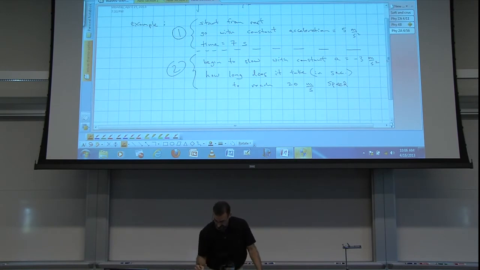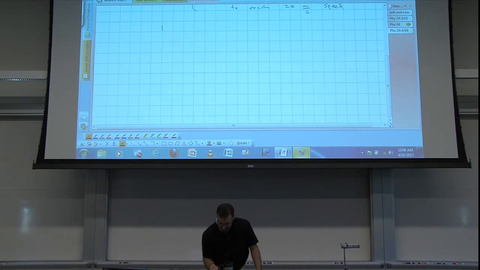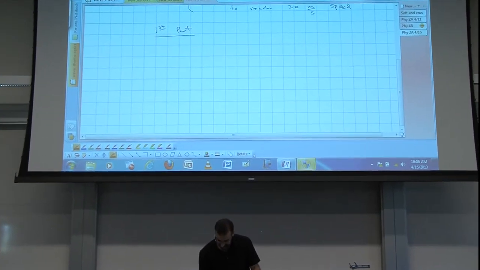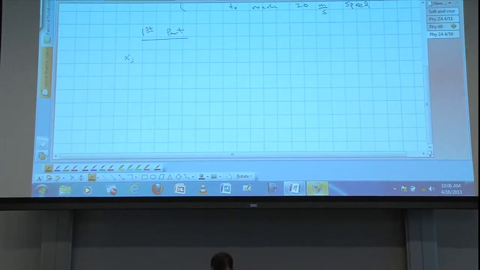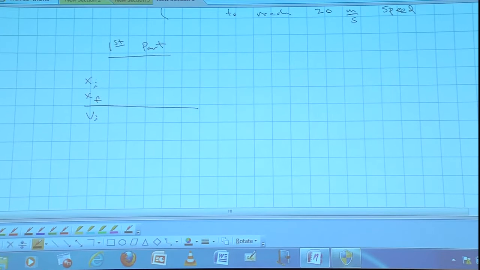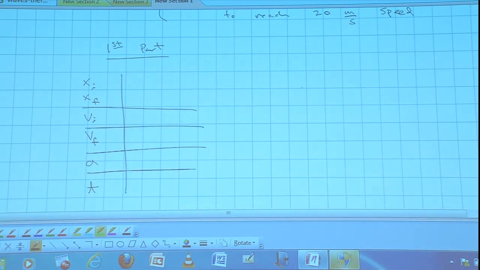So what I would do is make up my chart here. This is the first part, and this is the second part.